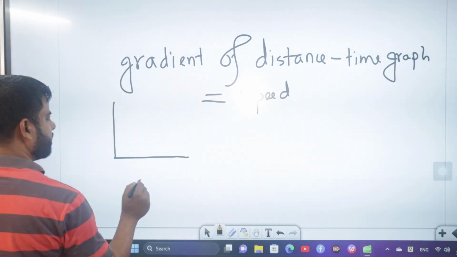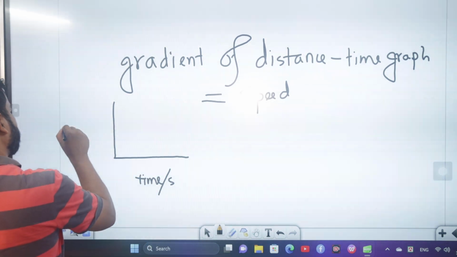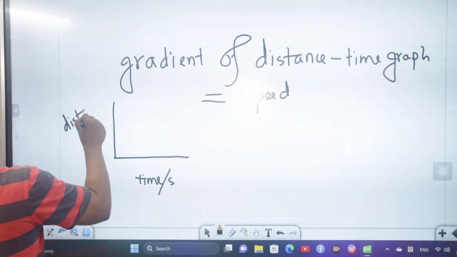So how can we calculate gradient? Say there is a distance time graph, time in second and distance in meter.